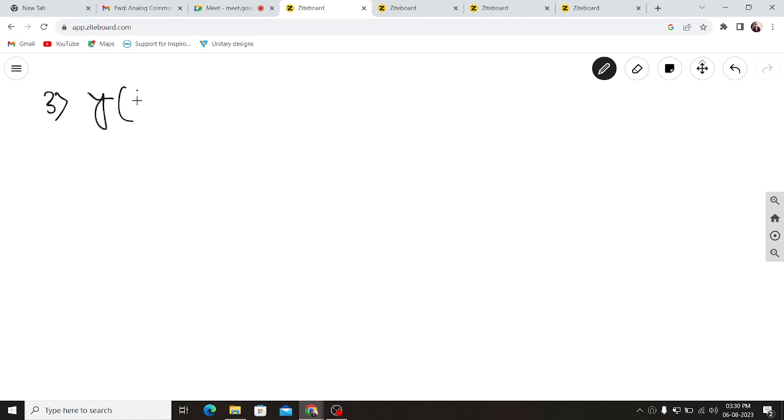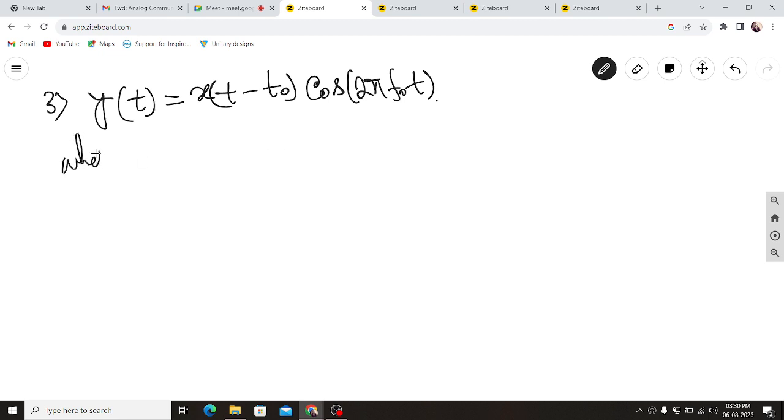The third question is: I have a signal y(t), and this y(t) is x(t minus t0) into cos of 2 pi f0 t, where f0 is greater than fm.